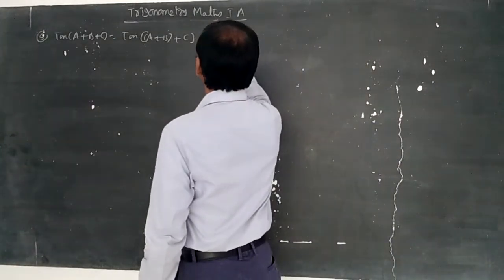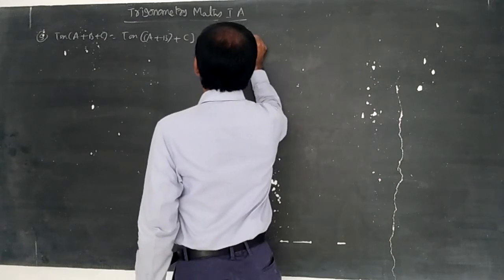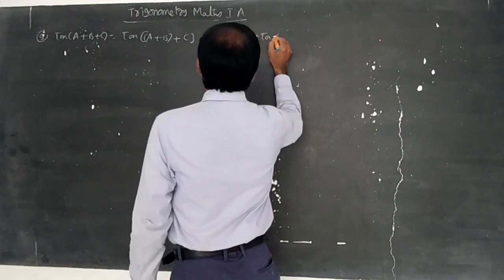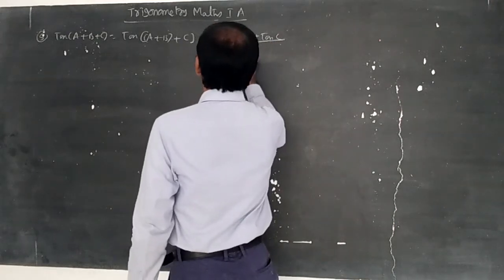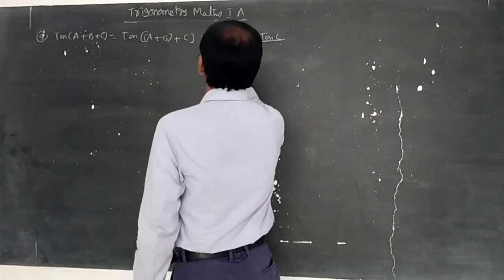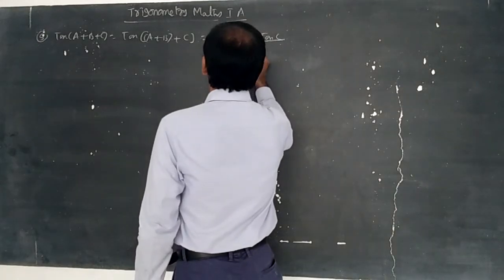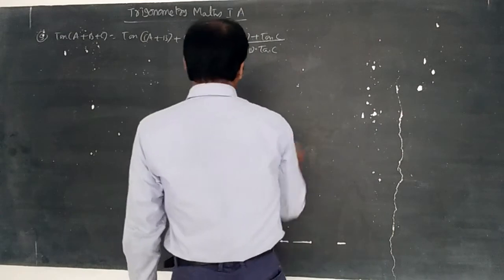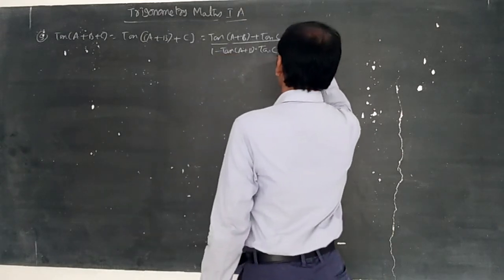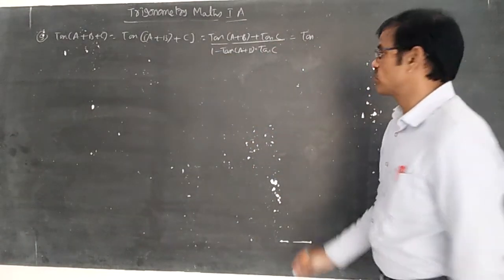So write like this. This is tan of a plus b plus tan c by 1 minus tan of a plus b into tan c. That is equal to, again expand the formula tan of a plus b.